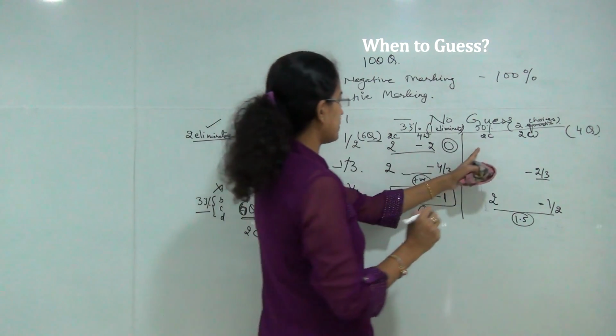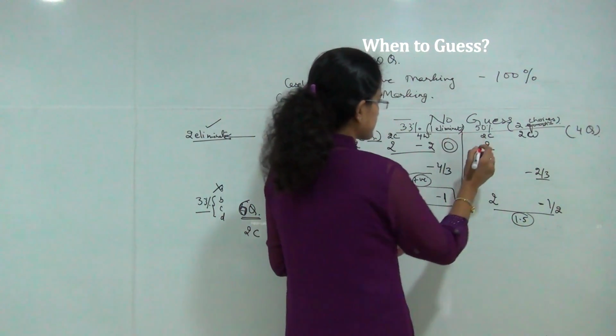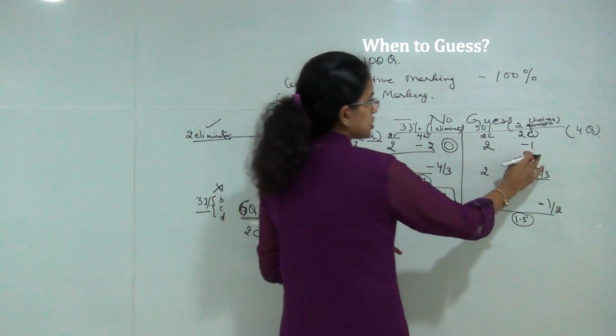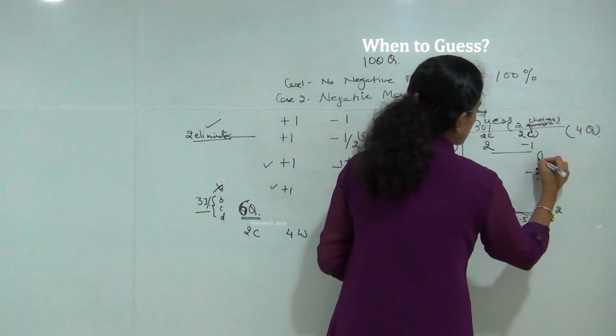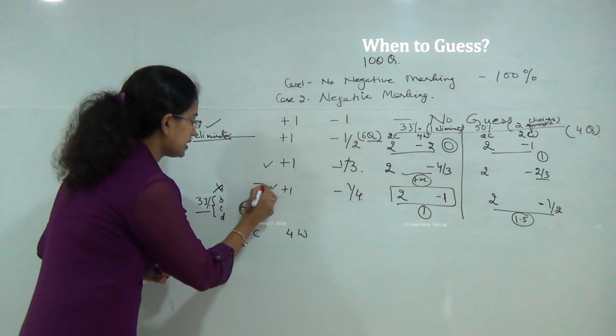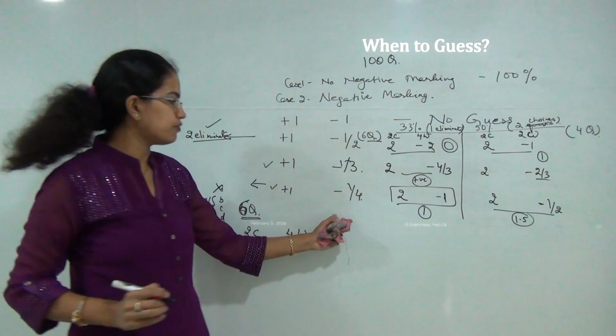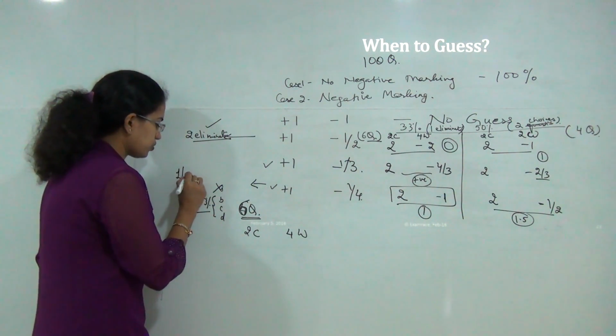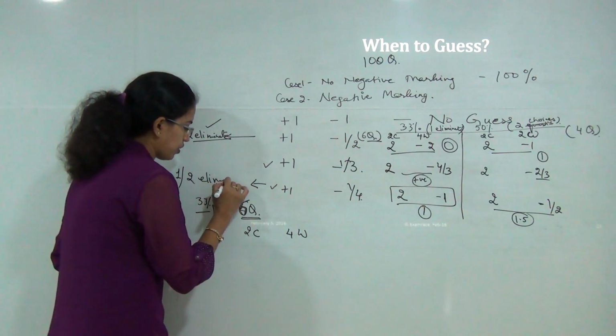Because here what would happen? You will get 2 and you will deduct half for each, so you will get a net of 1. So when it is plus 1 and minus 1/4, you can attempt when you can eliminate either 1 choice or 2 choices with full confidence.